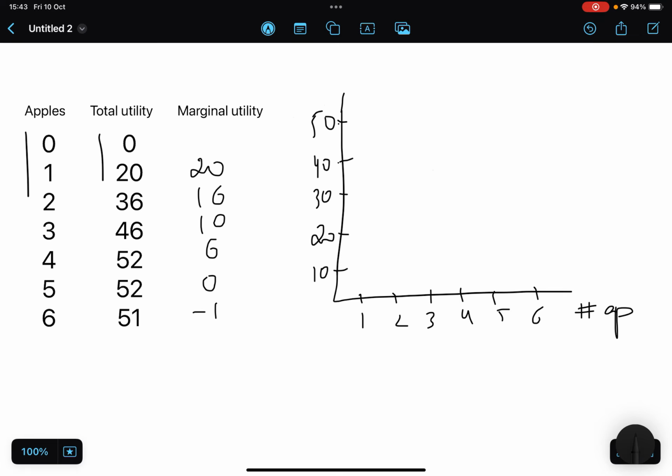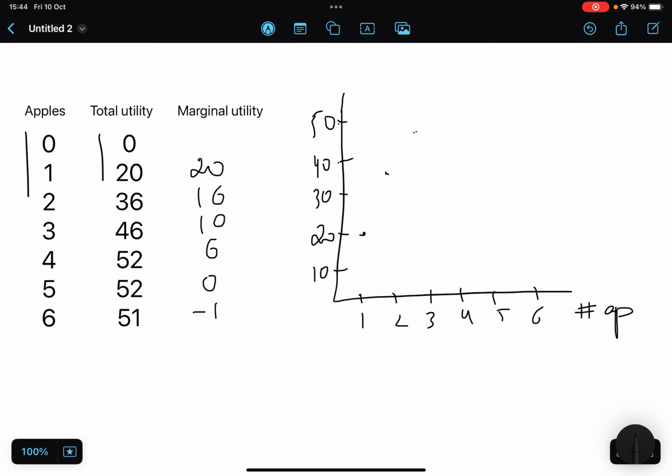So, when we eat one apple, the total utility is 20. So it will be here. For 2 apples, total utility increases to 36. So it will be approximately here. For 3 apples, it will be 46, approximately here.